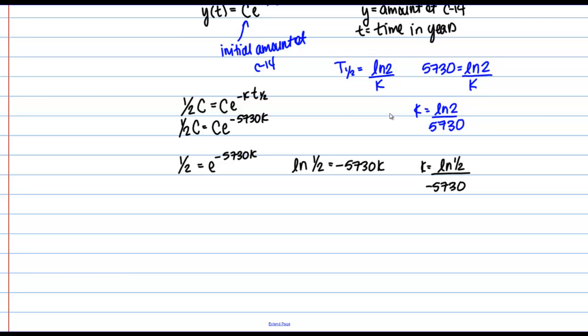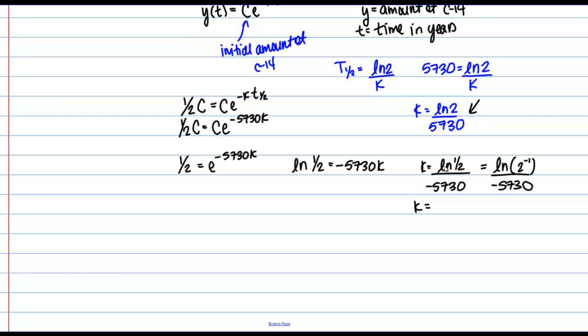Well, that doesn't look quite the same as this, but it actually is, and let me tell you why. The natural log of one half is actually a negative number. If you remember the properties of natural logs, this is a negative value. And I could rewrite that as the natural log of 2 to the negative 1 power.